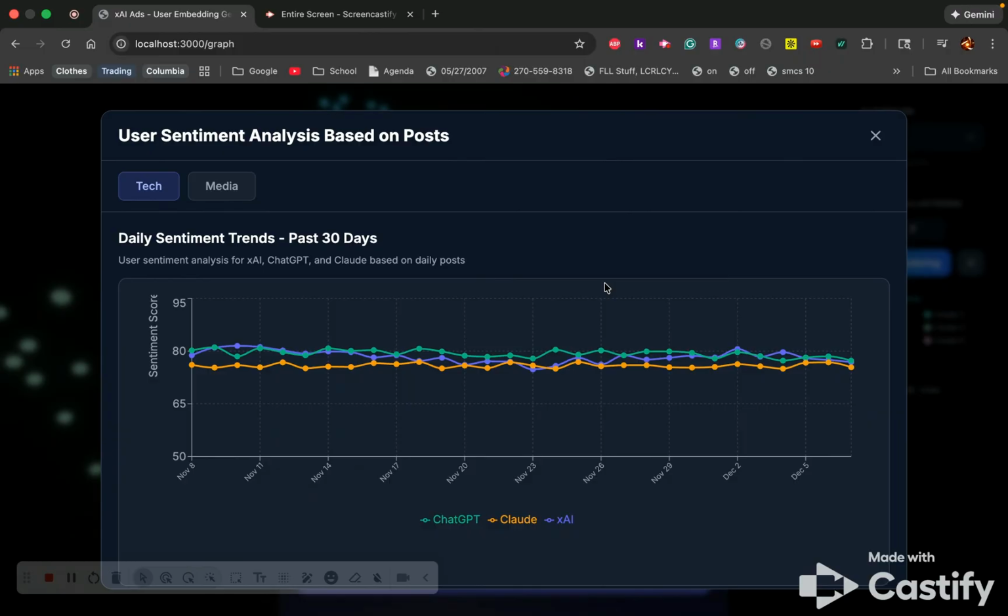Essentially, we're able to analyze how each post, or an influx of posts in a real-time way, affects the overall sentiment of the company. We're also able to filter by specific users, specific posts, and also by just the account on X, for example, the ChatGPT account or Sam Altman's account on X.